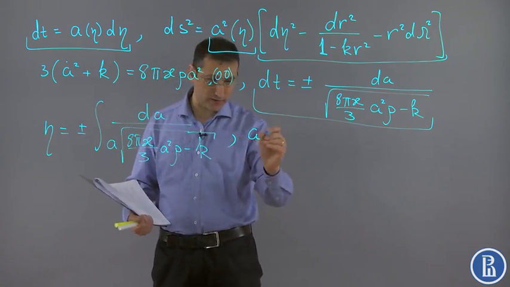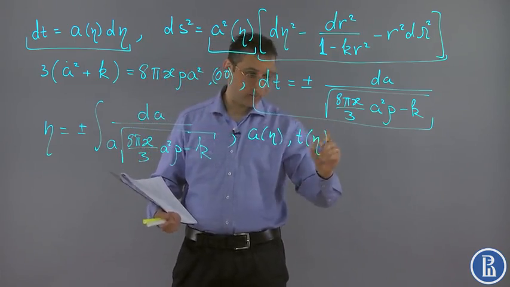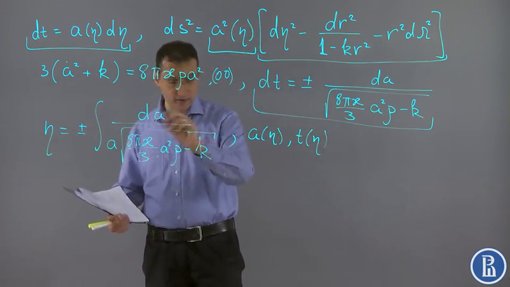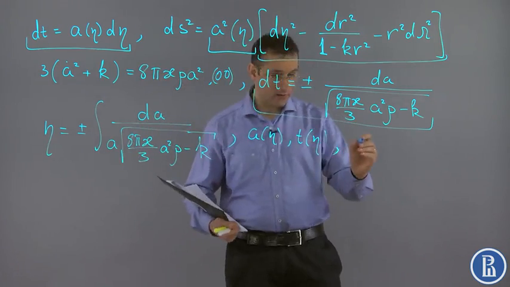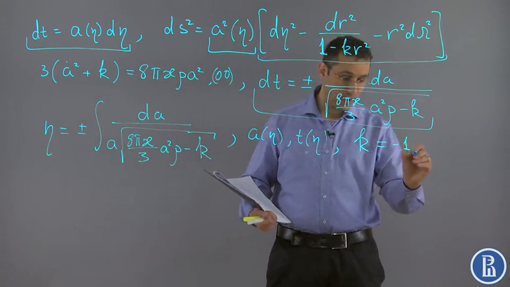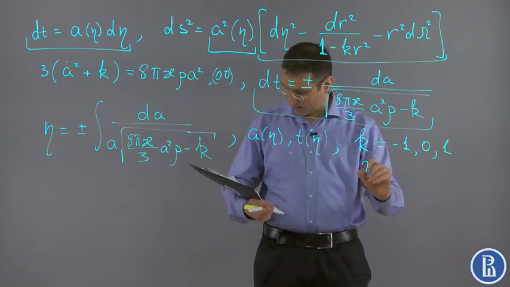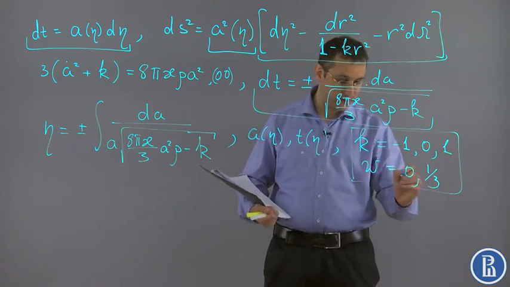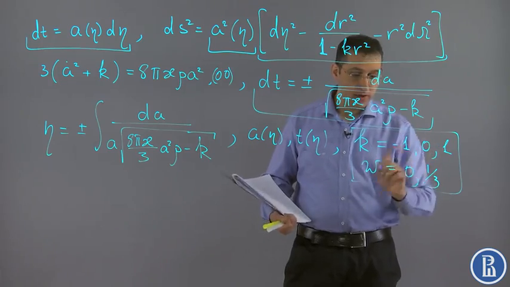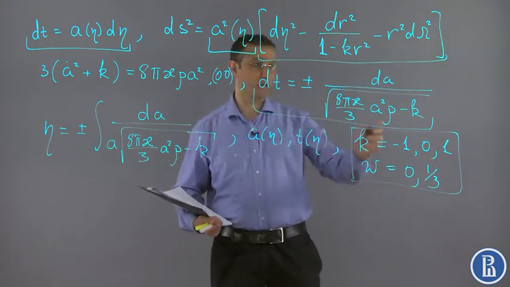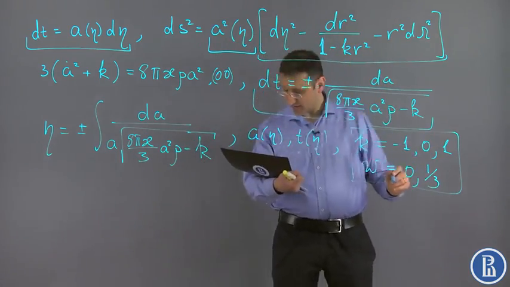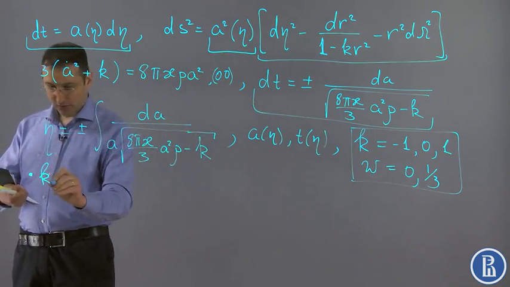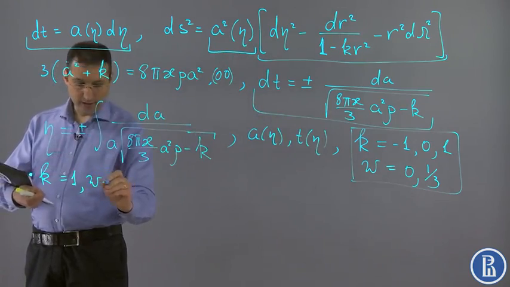So our goal is to find a of eta and then t of eta from these two equations, and to use here the relation between rho and a for 6 different situations: for k equal to minus 1, 0, 1, and omega equal to 0 or 1/3. So for 2 types of equations of state and 3 types of spatial sections. So let us start with the case of k equal to 1 and omega equal to 0.